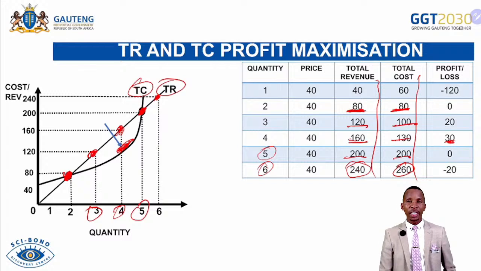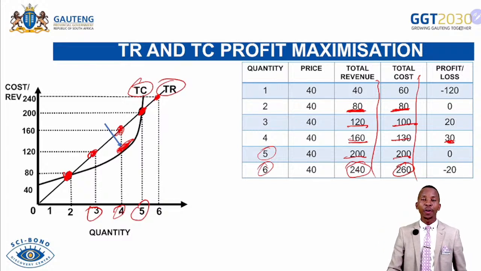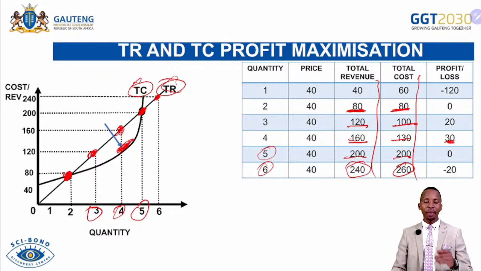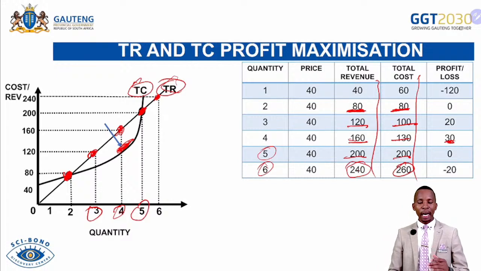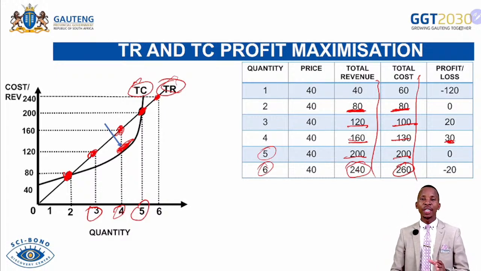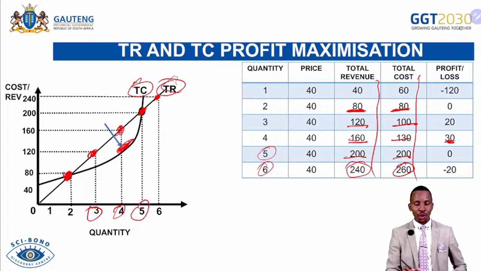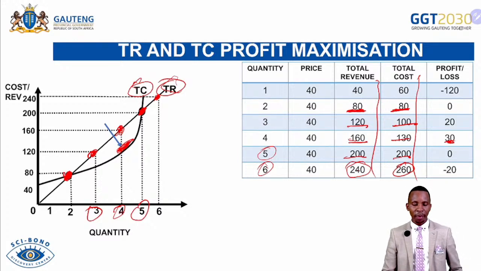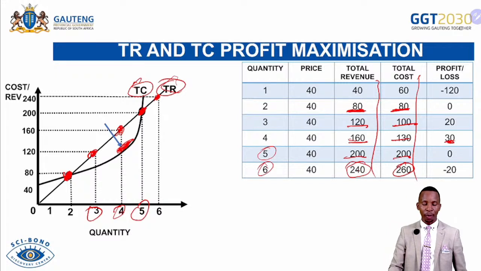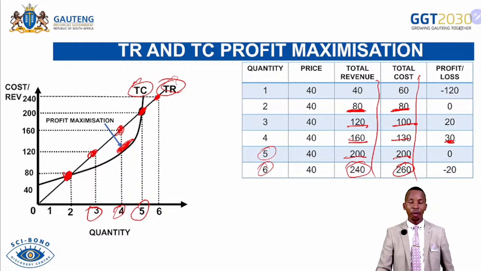So we call this the profit maximization point for the firm using total revenues and total cost. It is maximized at the point where the gap between total cost and total revenue is the widest. You can see this gap here is the widest. So the firm is maximizing its profit at this point. There you go. The profit maximization point is achieved at output number 4.